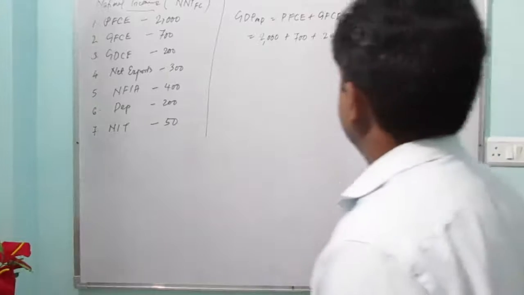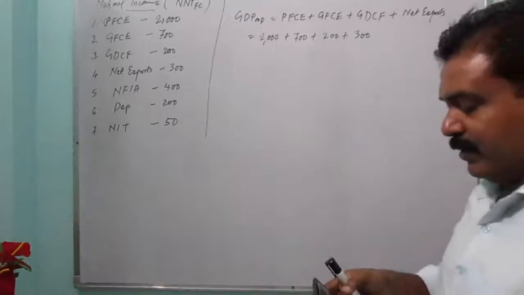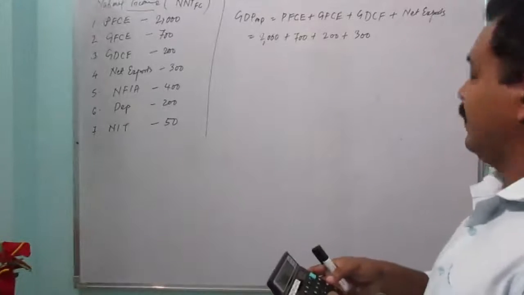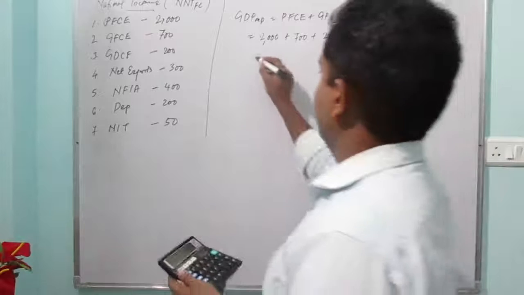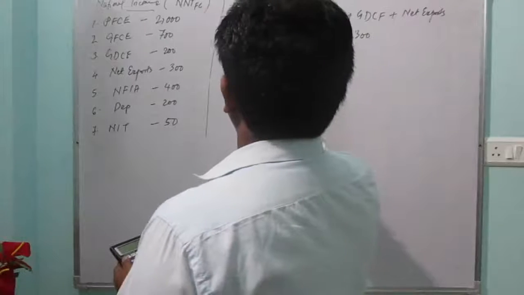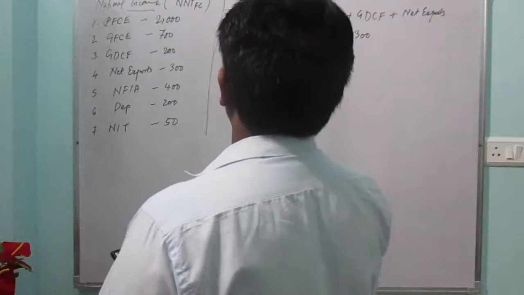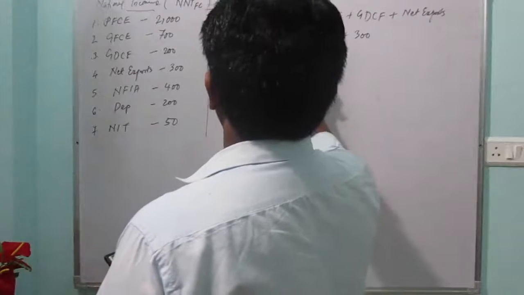So here our work is relatively easy. So 2000 plus 700 plus 200 plus 300 is equal to 3200. That is in rupees crore. You have to write that down.